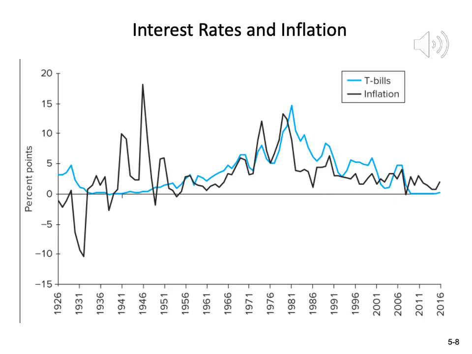In this picture, we show you the interest rates and inflation. For the interest rates, we use the T-bills nominal interest rates, which is the blue line. The black one is the inflation. The difference between the T-bills and the inflation is your real return.